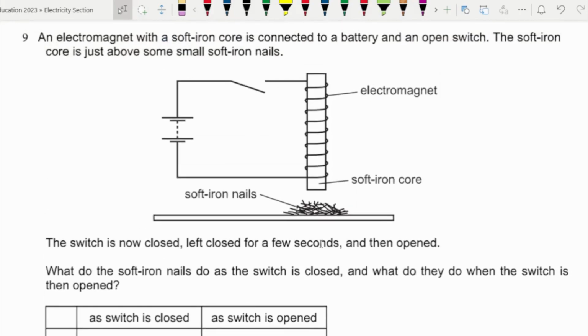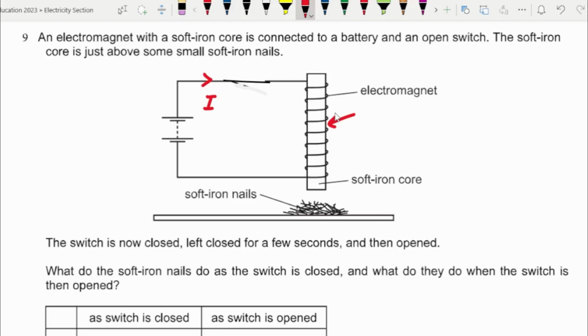As you close the switch, something like this is going to happen. The switch is closed. That means the circuit that you have here is completed. So it will look something like this. Current can flow through the circuit, and this thing would act like an electromagnet, and thereby the soft iron nails would be attracted.